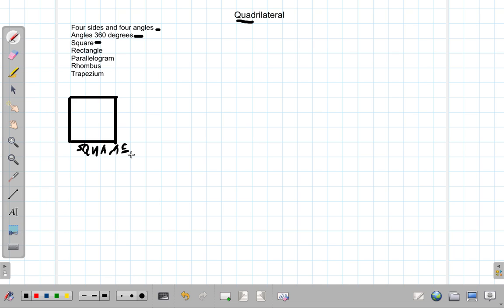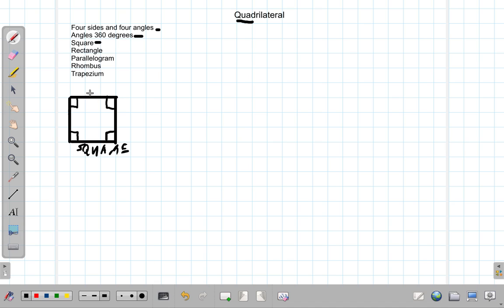Now with the square, right, all the sides are of equal length. The other thing is, all the angles are equal, and I'm drawing them like this because they are right angles. 90 plus 90 is 180, plus 90 is 270, plus the next 90 is 360. They add up to 360 degrees.